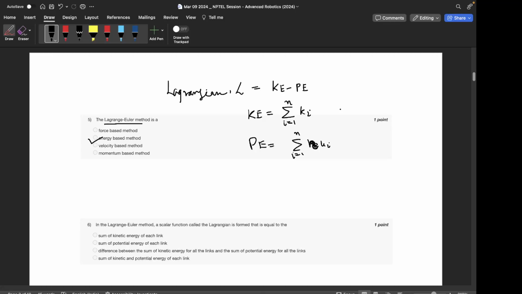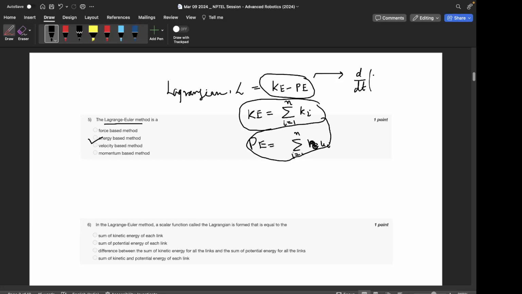The methodology of deriving equations of motion using the Lagrange-Euler method is to first write the expression for the kinetic energy, write the expression for the potential energy, find the Lagrangian, and then put it into the final Lagrange-Euler equation, which is d by dt of del L by del theta dot i, minus del L by del theta i, is equal to tau i.